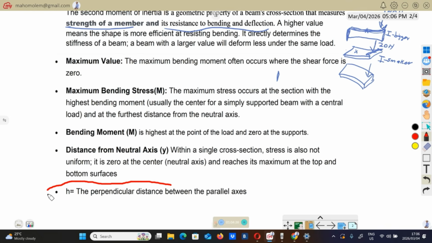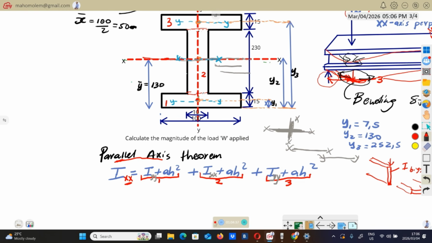So H is the perpendicular distance between the parallel axes. So what is that?